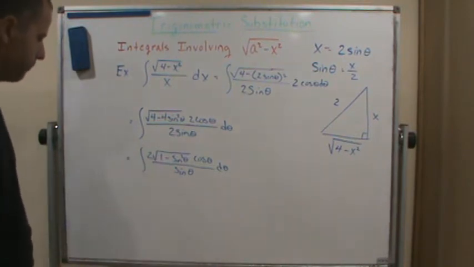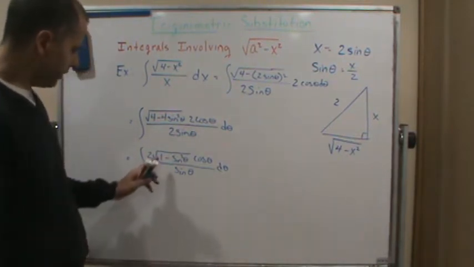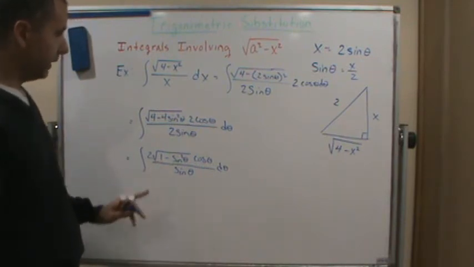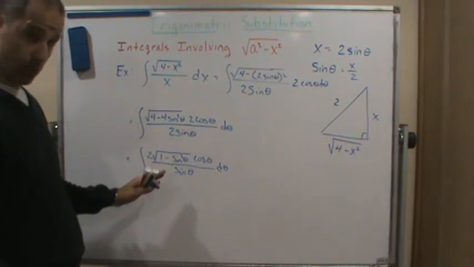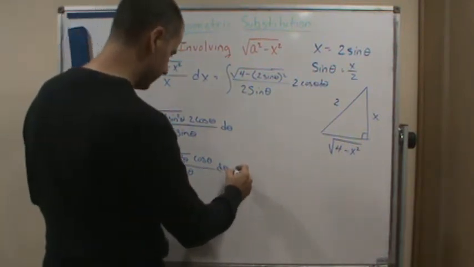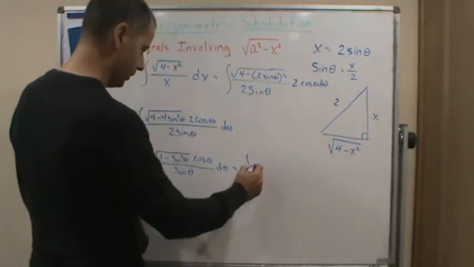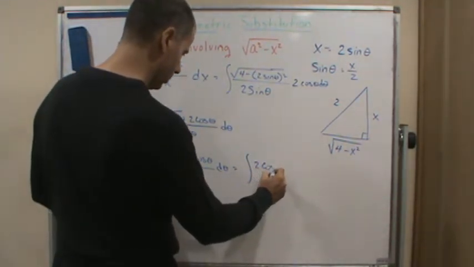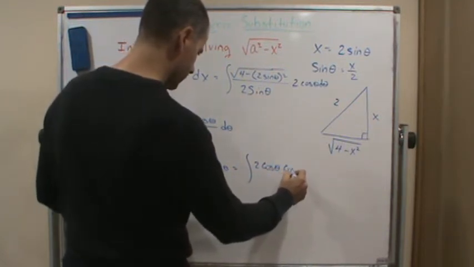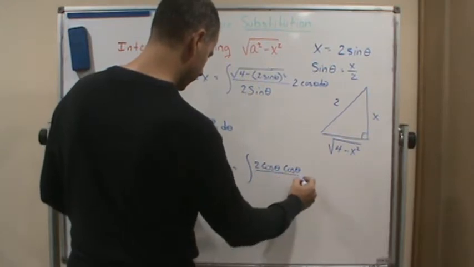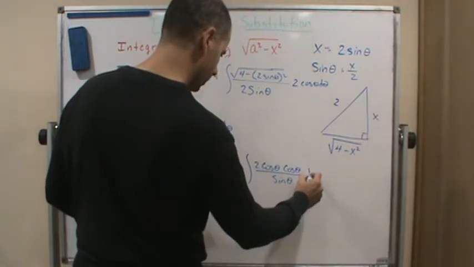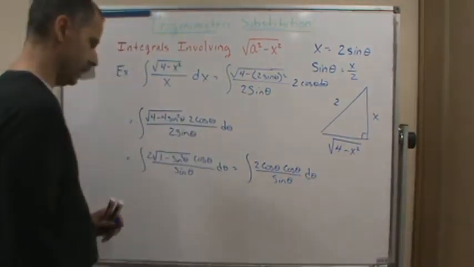Now, this is going to become the square root of cosine squared theta, right? And again, the square root of cosine squared theta is just going to give us cosine theta, right? So this is going to give us 2 cosine theta times cosine theta over sine theta d theta.